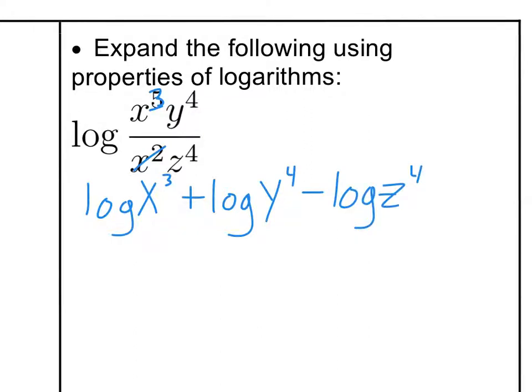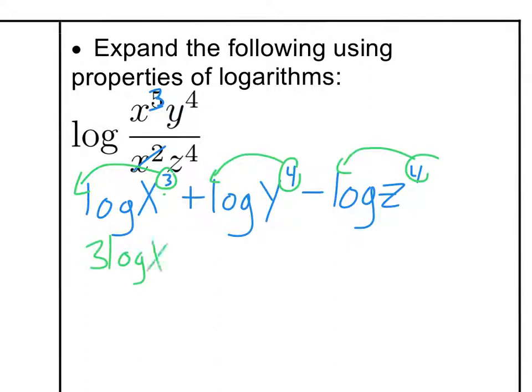If you hadn't done that reducing at the beginning, you would have had minus x squared, and this guy here would have been x to the 5th. It would have come out at the end. Next, I'm going to deal with the exponents, and all 3 exponents are going to come down front. So we get 3 log x plus 4 log y minus 4 log z.